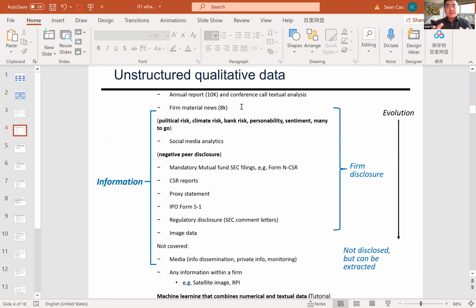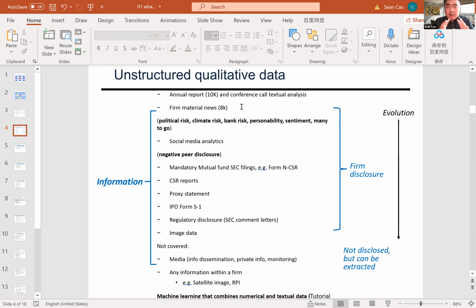So what I'm saying is, using all the textual data, you can measure a lot of things you can never imagine. You can measure the firm's political risk you could never measure before. You can measure the climate risk you could never measure before. You can measure CEO personality. You can measure the sentiment of the firm. You can do many things using the textual data.